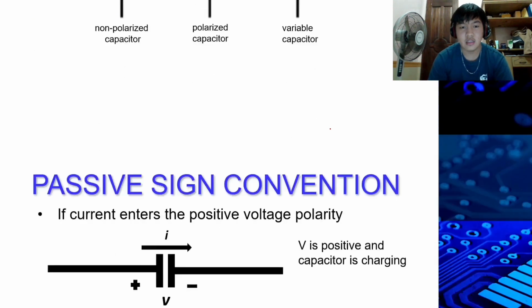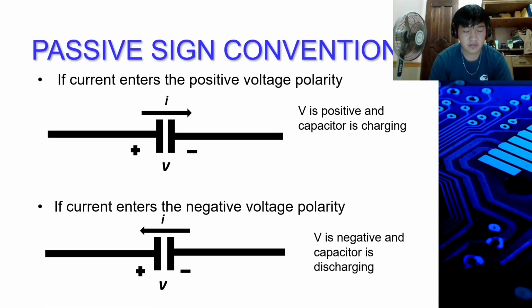Okay, next will be the passive sign convention. If current enters the positive voltage polarity, the voltage is positive and the capacitor is charging. So it charges because the current passes through the positive terminal.